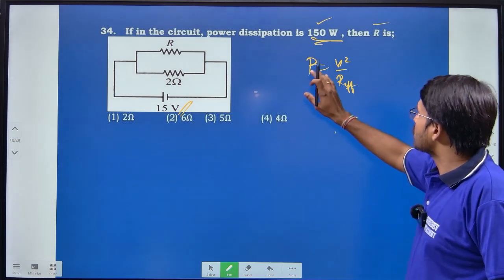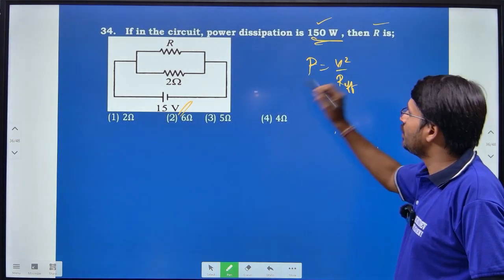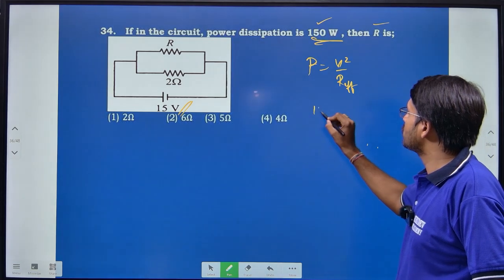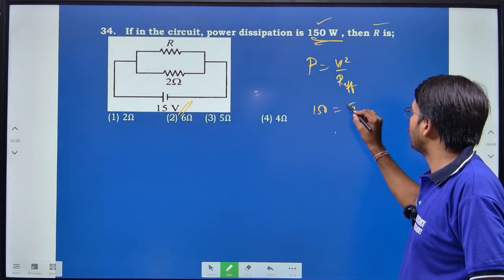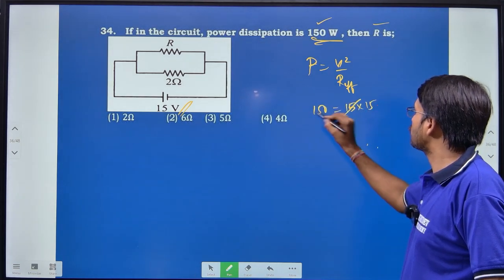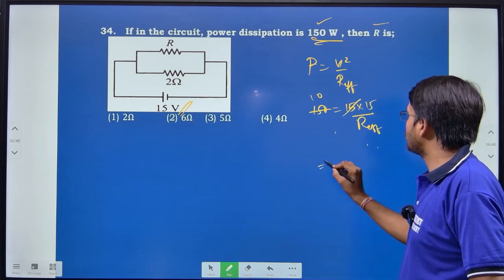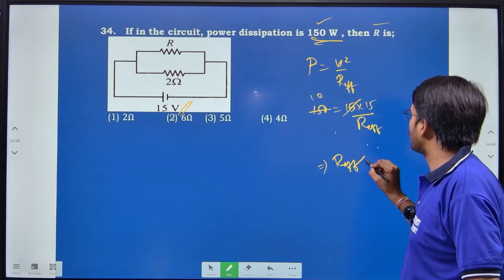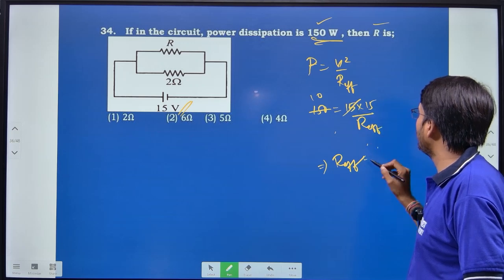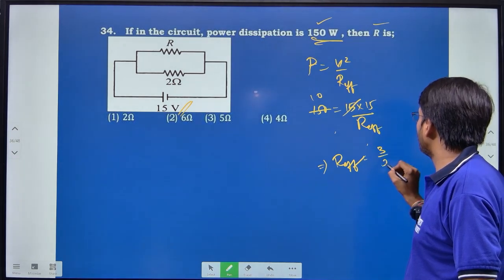What is P here? P is 150, and V is 15, so 15 into 15, divided by the R effective. As a result, what is R effective? R effective will be 15 by 10, so that is 3 by 2.